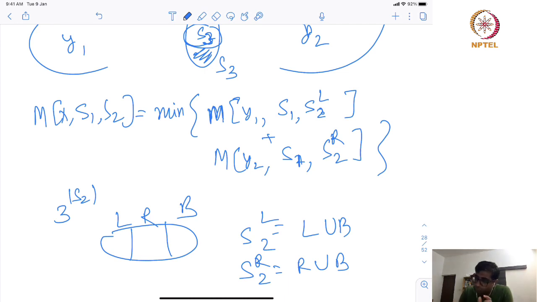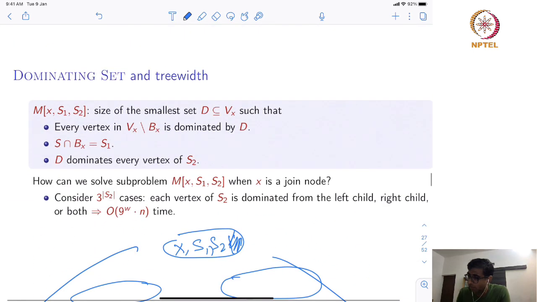Now notice, to fill each entry of this table, we will take 3 to the power mod S2 time. So, in the worst case this could lead to a 9 to the power W times n time algorithm, and trust me, introduce node and forget node are much easier than this.